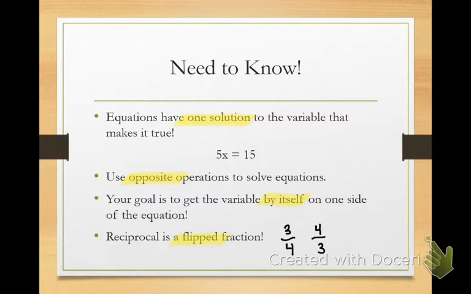If I multiply reciprocals together, we also call these multiplicative inverses, where everything cross reduces to 1. We learned multiplicative inverse in unit 1. It's been a couple weeks. So a reciprocal is a flipped fraction.